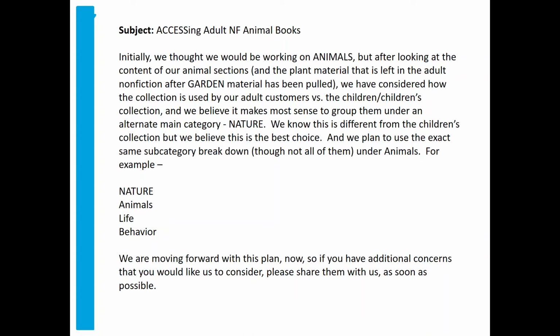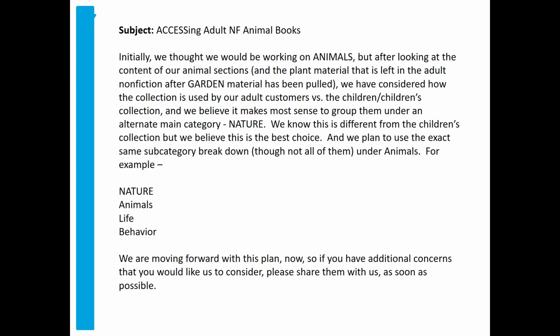Looking at the entirety of only our large location content, the most logical and best scheme that we landed on was to include our animal collection as a subset of nature, whatever nature means, and we would figure that out as we went along.